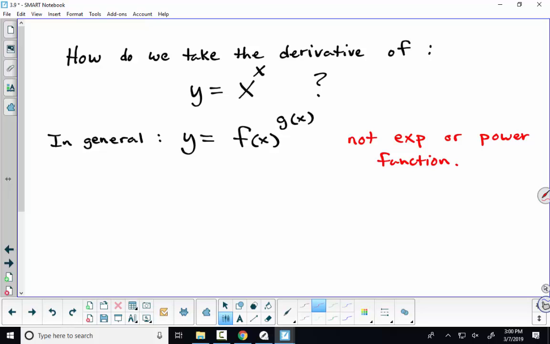One way we already know, we've seen a property that allows us to take the derivative of something like this. So we just got to remember, if I have x to the x, how can I rewrite x to the x? X log of x? Close. It does involve the logs.